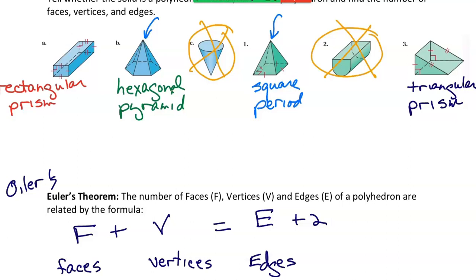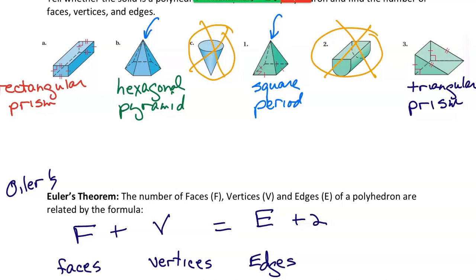Well, that's interesting. That means that if I know the faces and the edges, I can calculate the vertices. If I know the vertices and the edges, I can calculate the faces. So there's lots of ways that you can use this formula.